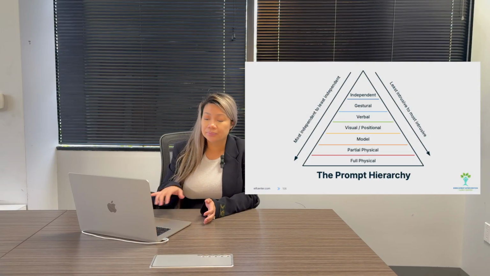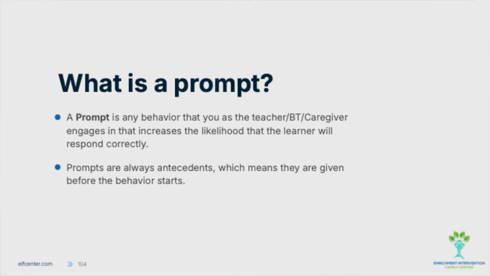All right, so now that you've created your session structure, we're going to go into the next segment here, which is the prompt hierarchy. Prompting is what we use to help assist the learner on how to increase the correct response. In this case, it's the skill or behavior that we want to increase.